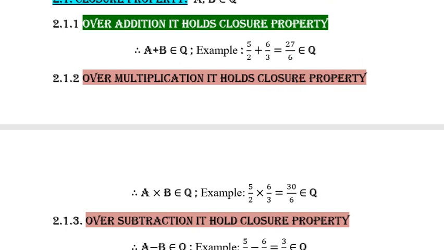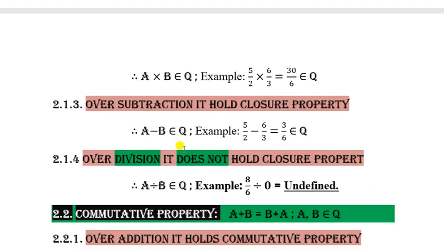Now over subtraction, if we subtract any two rational numbers, we get a rational number only. 5 by 2 minus 6 by 3 gives 3 by 6, and 3 by 6 is a rational number. That means over subtraction also it holds closure property.